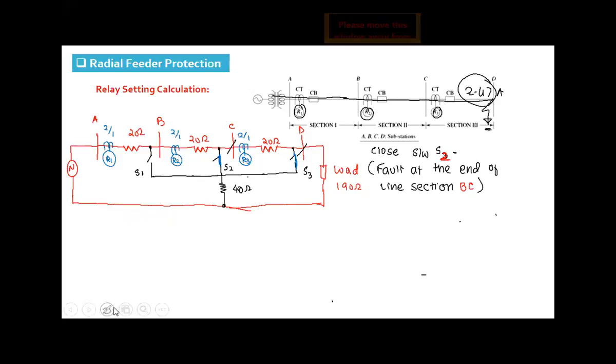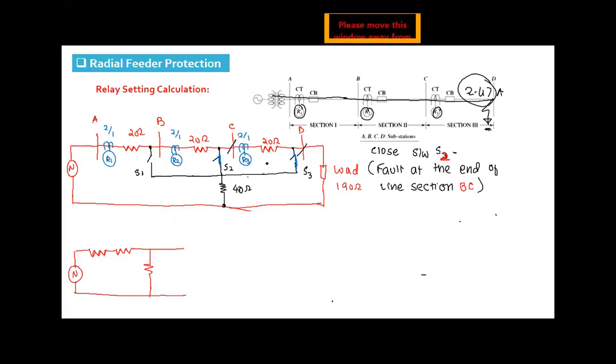What will be the equivalent diagram? 20 and 20 in series, then 40, and what about these two? S3 is open now, so let me remove all of this.